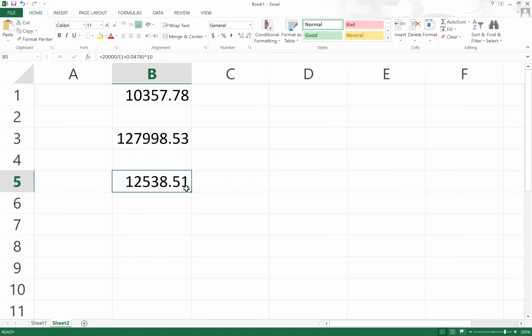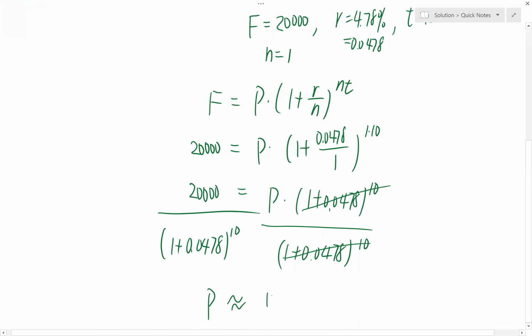So this future value of 20,000 in 10 years is worth $12,538.51. Double check the number. 51 cents. Yeah.